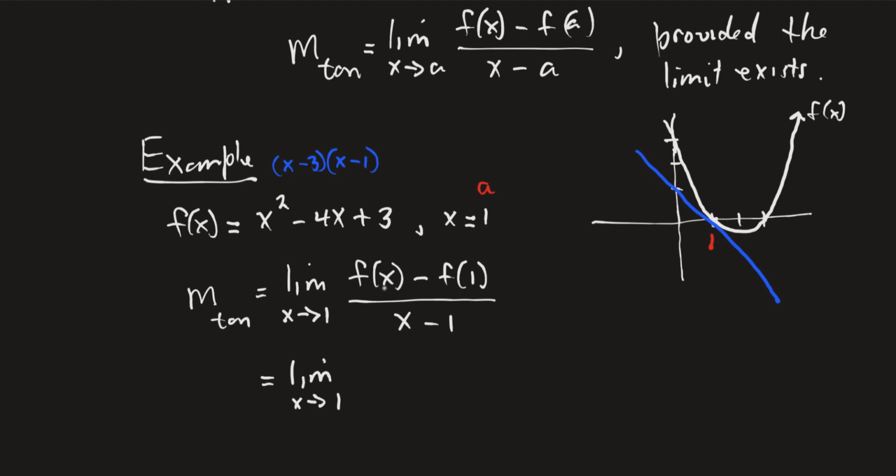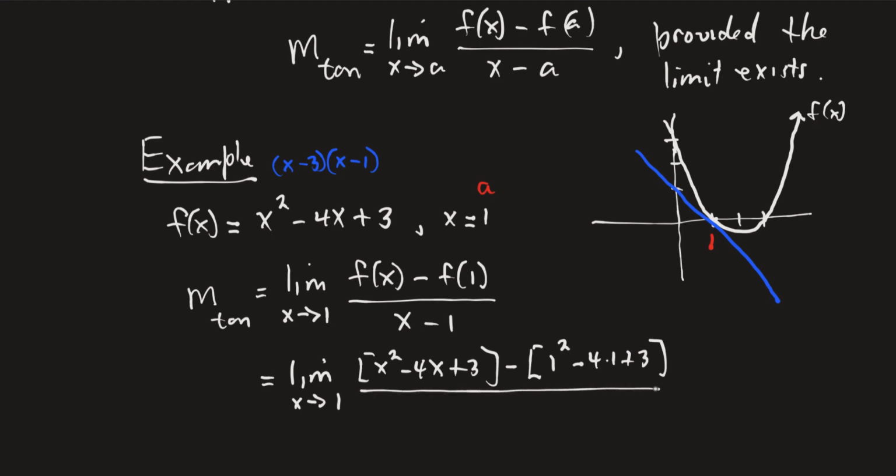So when I plug f of x right there, it will be the expression x squared minus 4x plus 3. Then when I plug f of 1 in, that's going to be a number, and it's 1 squared minus 4 times 1 plus 3. So that's the entire numerator, and then it's all over the quantity x minus 1.